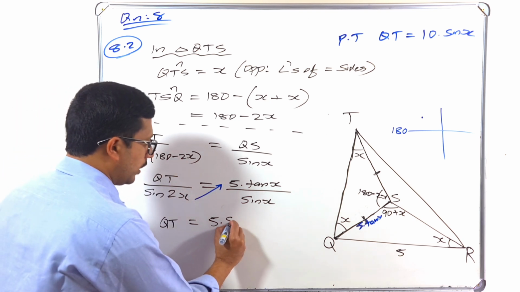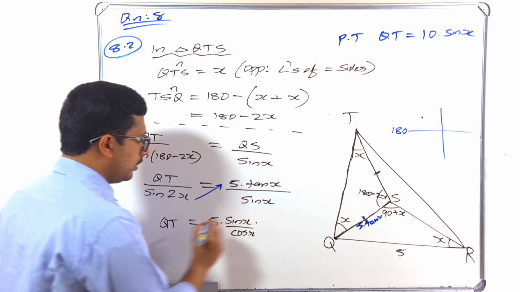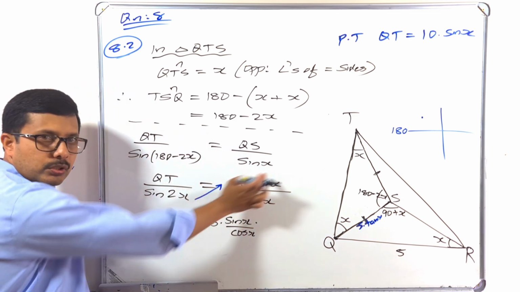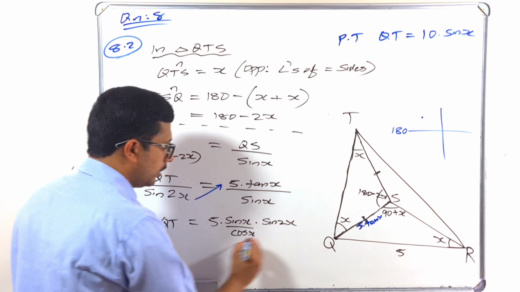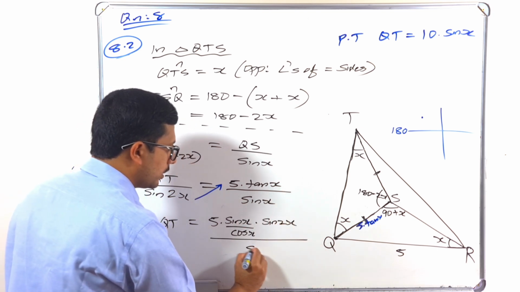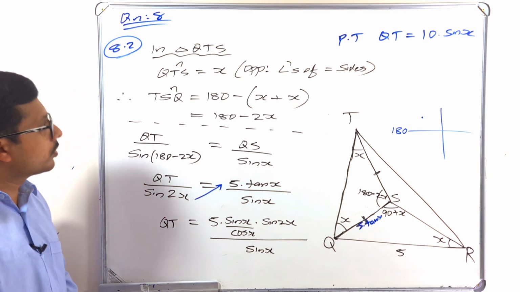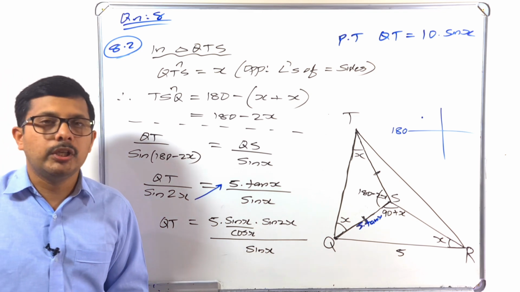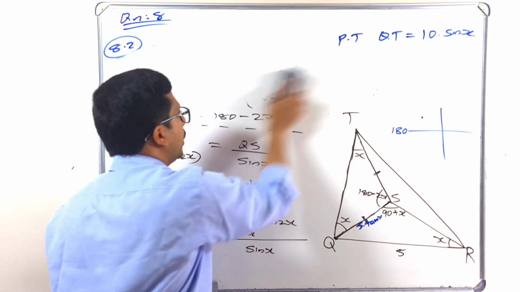So 5 sin x by cos x into sin 2x, cross multiplying the sin 2x to the numerator, the whole divided by sin x. You have to pause this video and write this one. Now I'm erasing this top part.